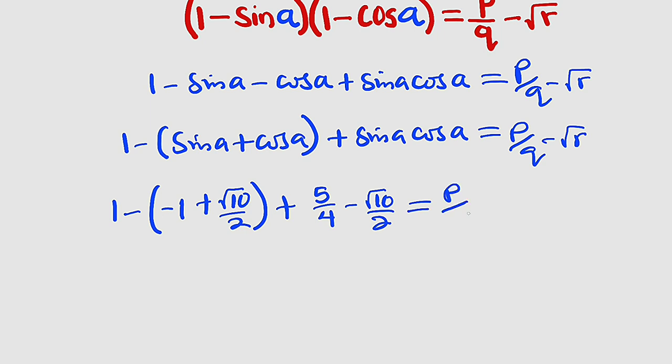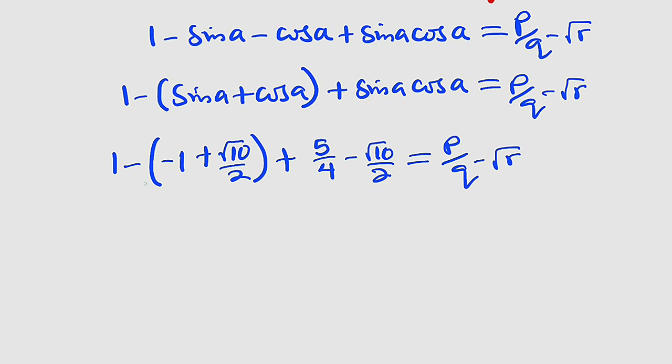Everything equal to P divided by Q minus the square root of R. So let's expand this. This minus is plus. So we have 1 plus 1 minus plus is minus root 10 divided by 2. Then we have plus 5 over 4 minus root 10 divided by 2.